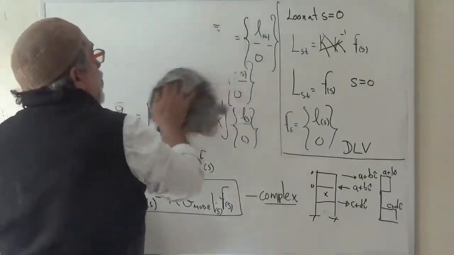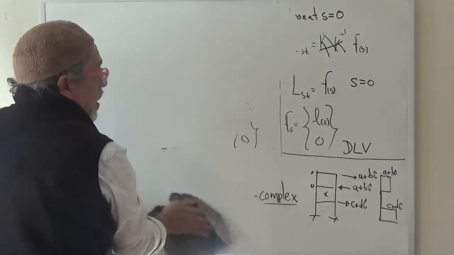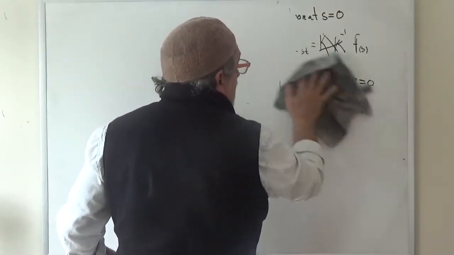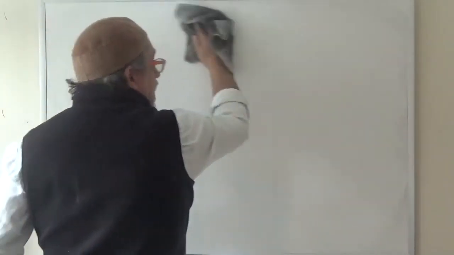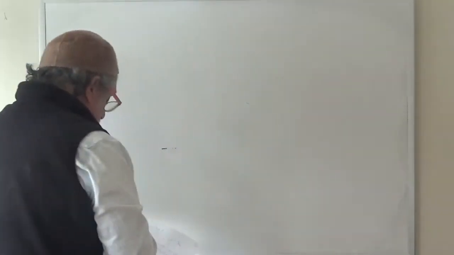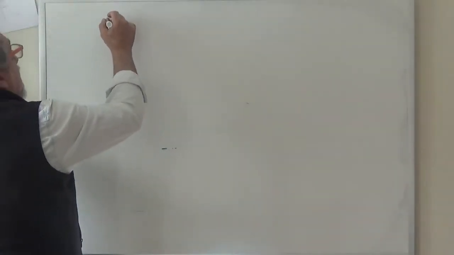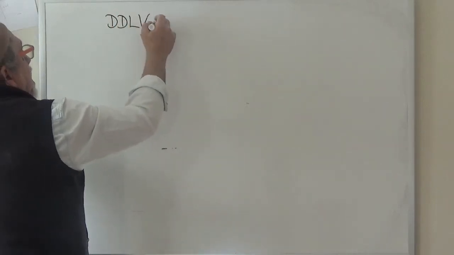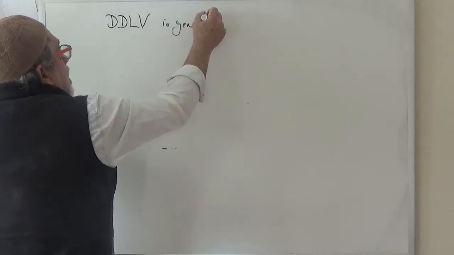The last homework problem, number 12, I've already solved using actual data. I simplified it for you by giving you the matrices, but first let me say DDLV in general, as a summary, right?